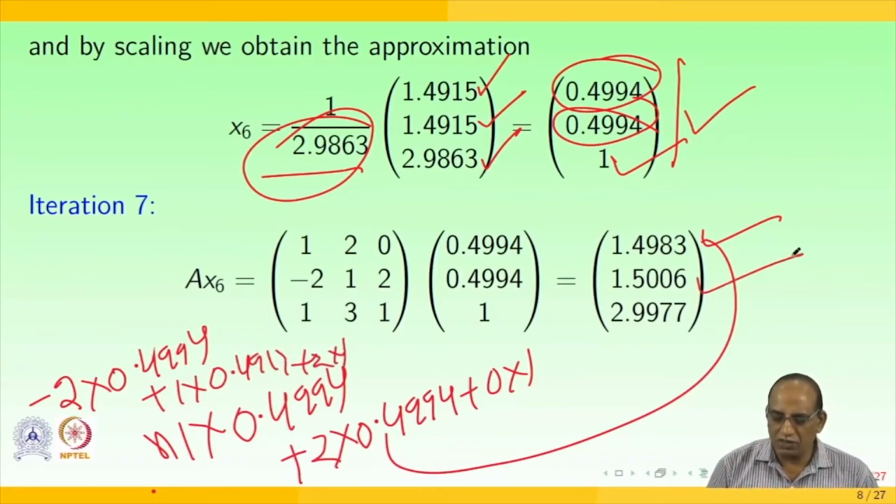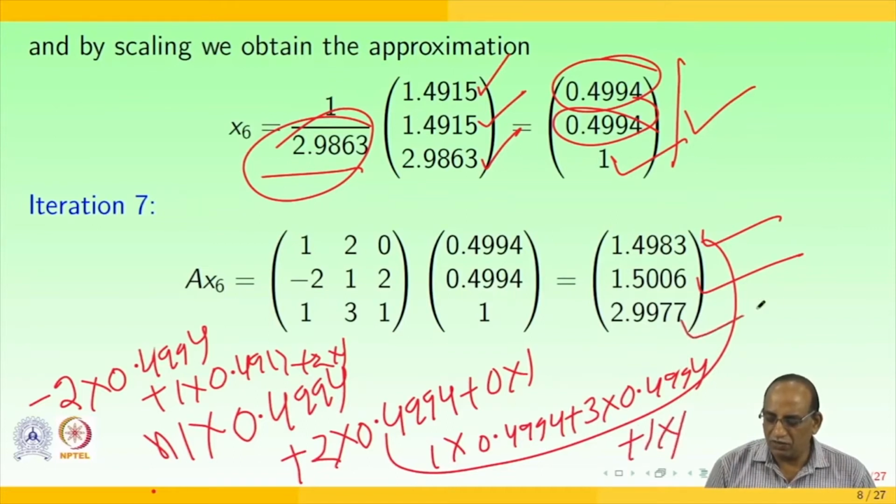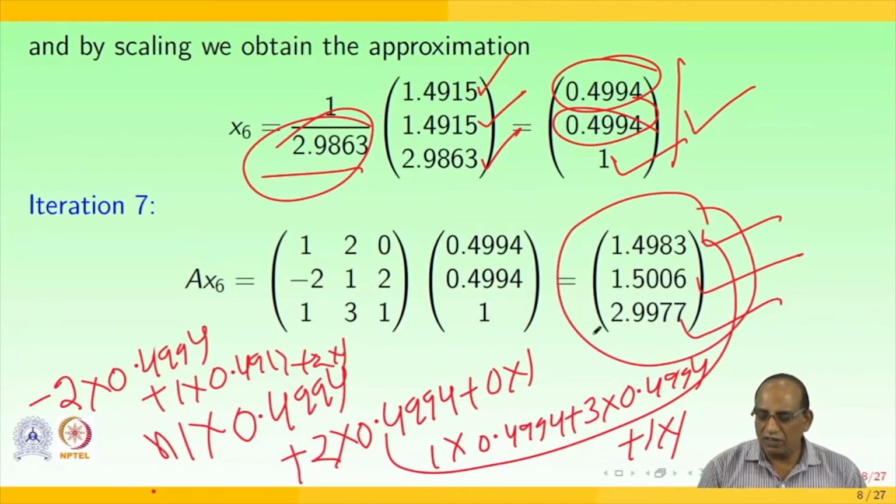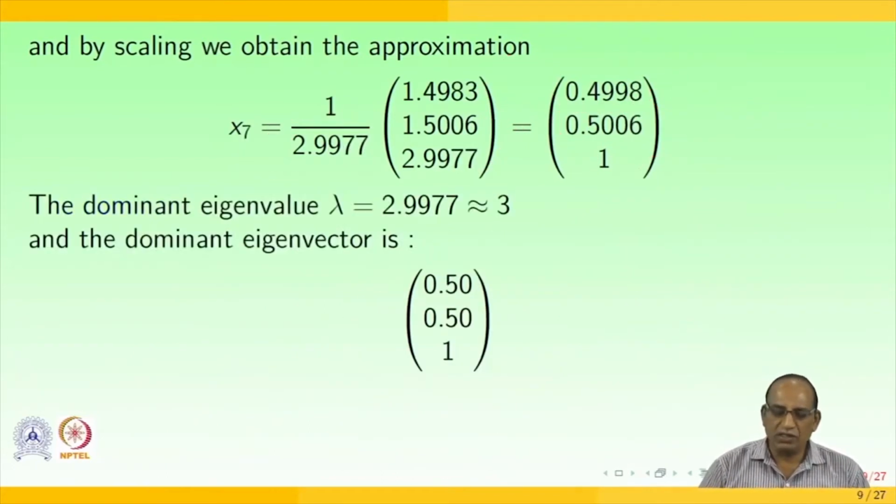And third one is 1 into 0.4994 plus 3 into 0.4994 plus 1 into 1. Out of these three, the bigger one is 2.9977.